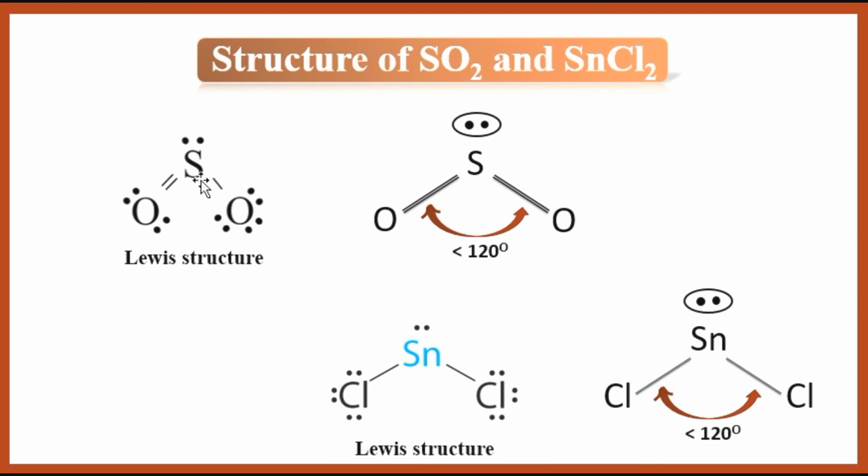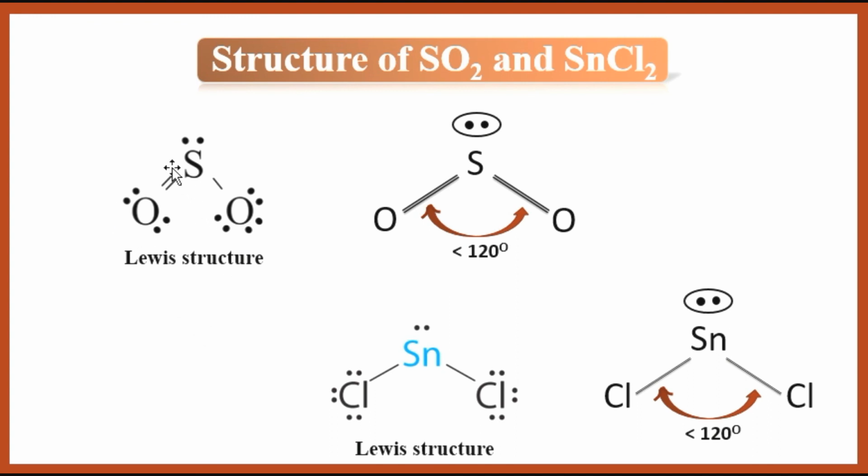Hence, if the sulfur makes up the double bond with the oxygen, then these 6 electrons would be shown over here. And in the case sulfur makes up the single bond with the oxygen, then its octet is still completed, because 6 electrons have been shown here and 2 electrons in the form of this bond pair. So the total number of valence electrons would be 8. And here still the valence electrons are 8, because 4 in the form of this double bond, and 4 electrons in the form of these 2 lone pairs.